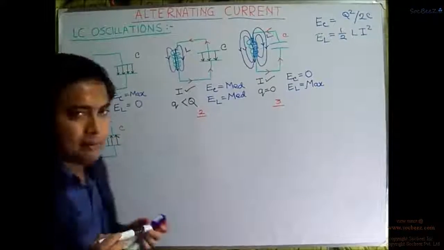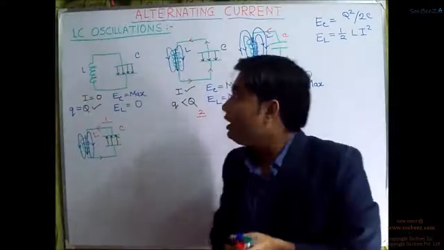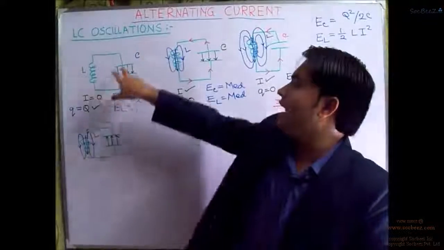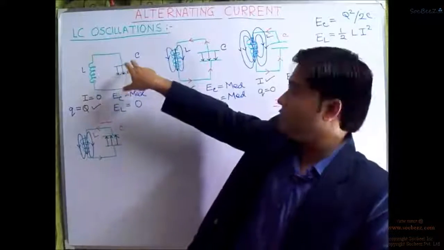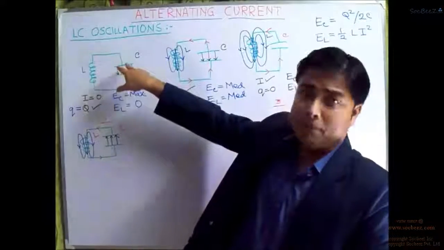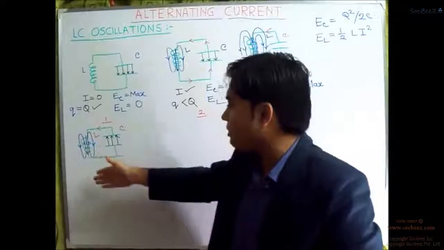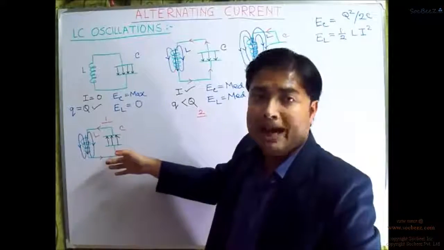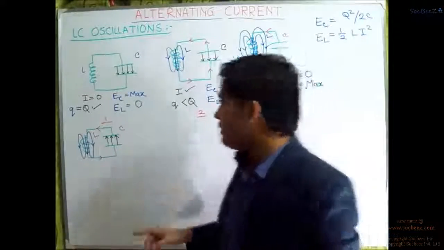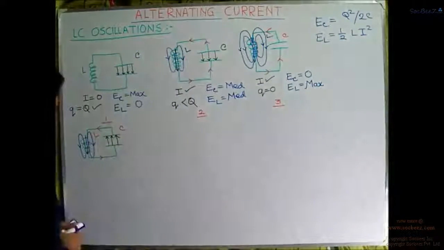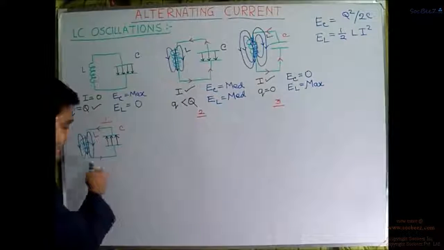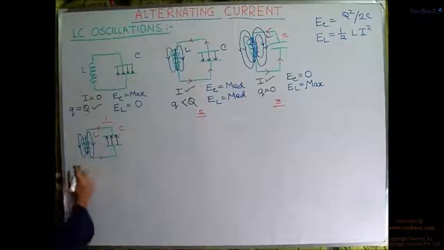Say for example, first of all observe that this charge which was present on the upper plate is now getting transferred to the lower plate, right? So this is the fourth scenario, where obviously there is a current, an alternating current.